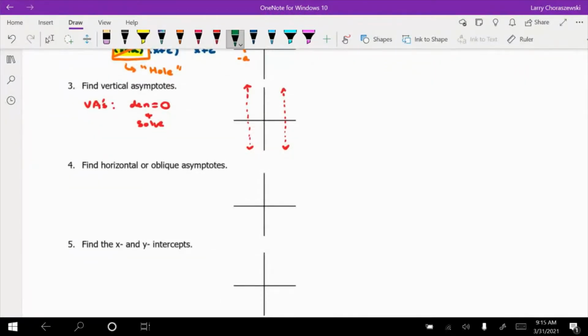For horizontal or oblique asymptotes, what we have to do is compare degrees. And usually what you do is you use the standard form version of the rational function.